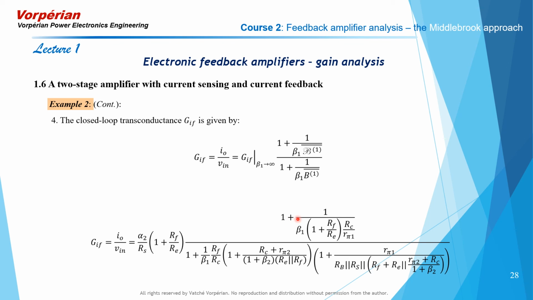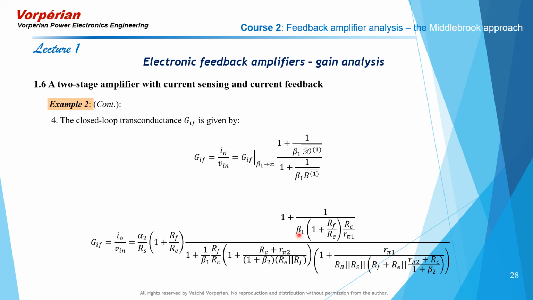And the reason for that is, in this case, the signal path from the input to the output current is non-inverting both through the amplifying path as well as through the feedback path. In the amplifying path, you have two common emitters in cascade, each one being inverting, which results in a non-inverting path. That's why that sign is positive.